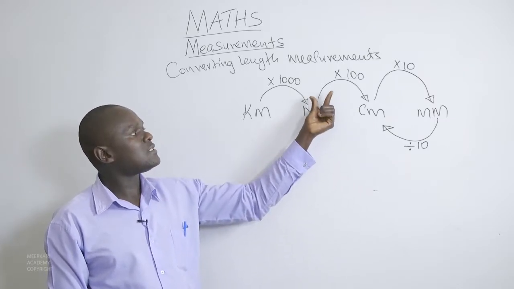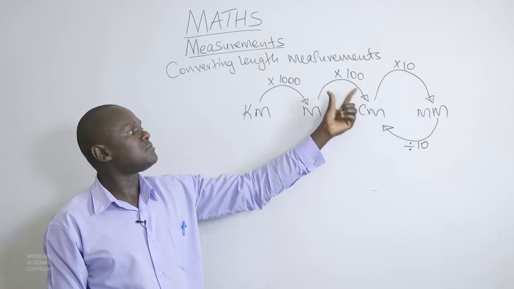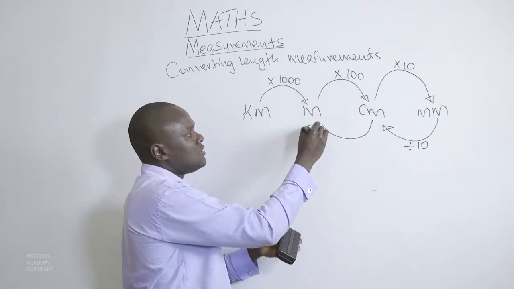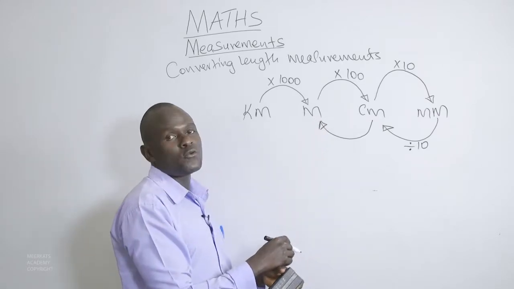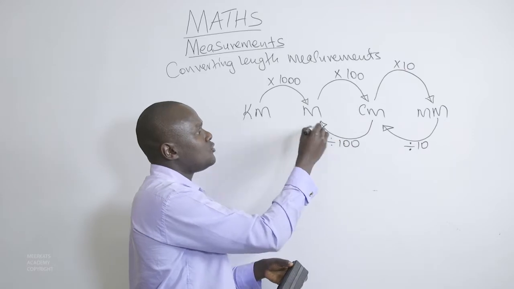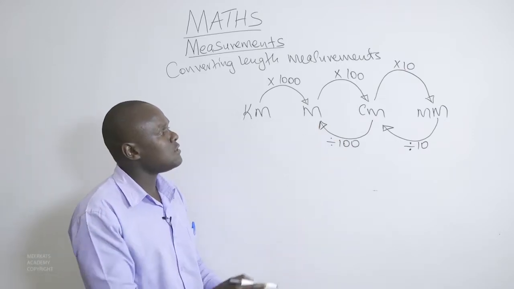And since we know that 100 centimeters make up 1 meter, and we have centimeters, and we intend to move to meters, we divide the value given by 100 to obtain our equivalent in meters.